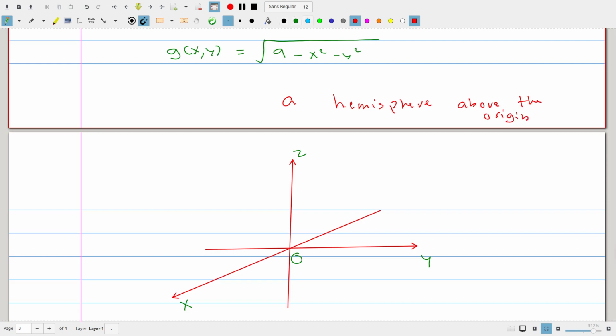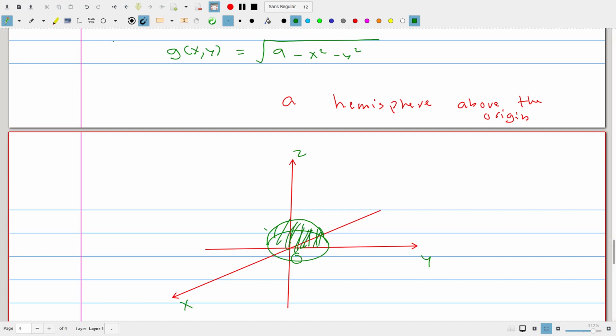Let's see what that hemisphere looks like. The domain is a circle, and this is the hemisphere.